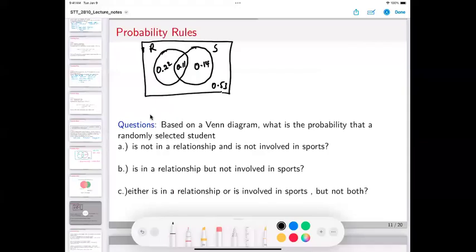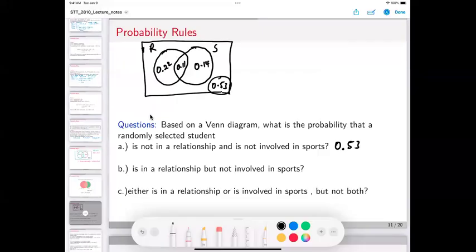Now, the first one is: what is the probability that a randomly selected student is not in a relationship and is not involved in sports? What do you think that answer should be? Kimberly, what do you think? Okay, 0.53. Good. So that is 0.53, because that is here. You are not in sports, you are not in a relationship.